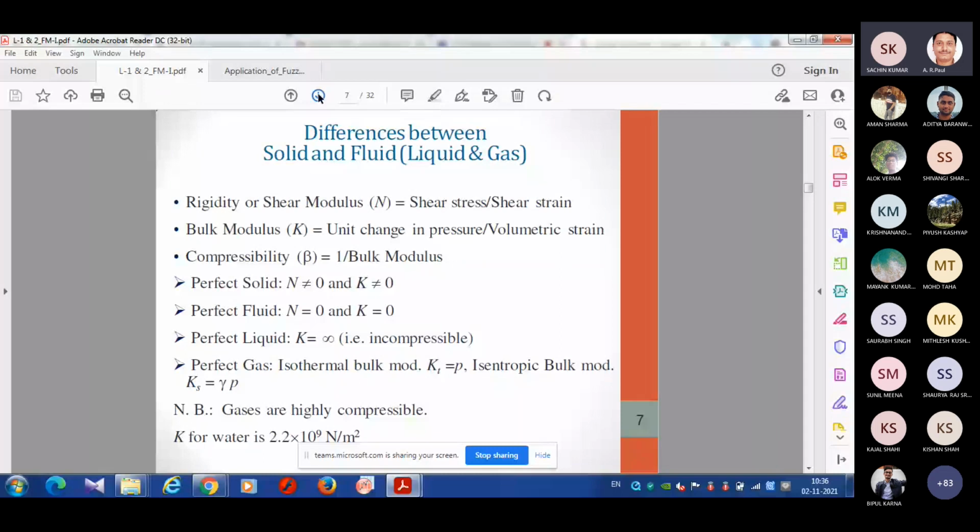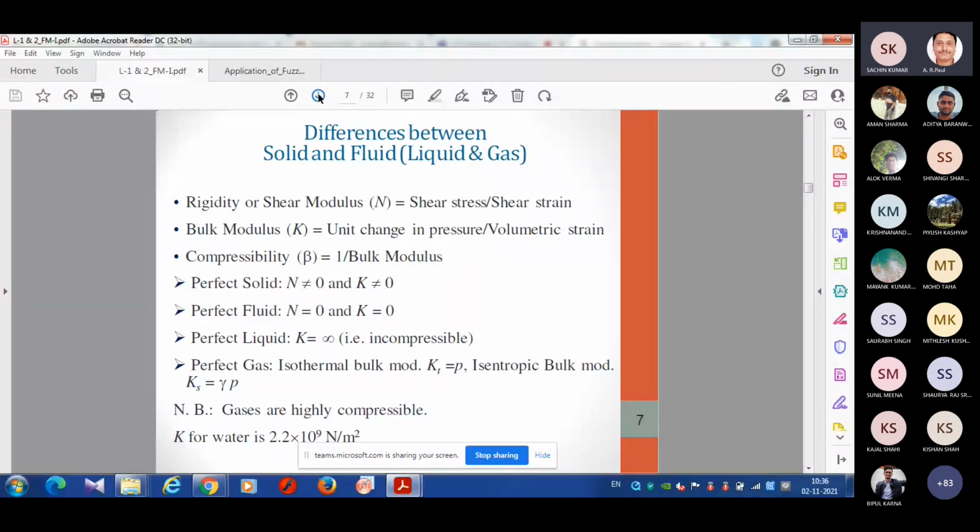Your volumetric strain will be dV by V if your initial volume is V. So the bulk modulus definition says that it is the unit change in pressure, that is dP, divided by the volumetric strain, dV by V. Now if you put on pressure, your volume will always shrink. So that's why your volumetric strain dV by V must bear a negative sign. So your expression of bulk modulus must carry a negative sign.